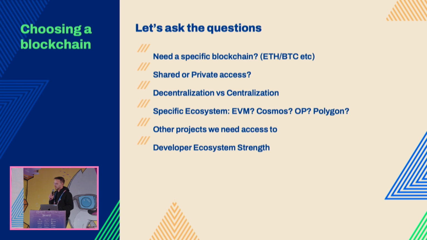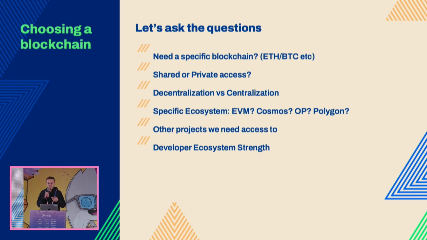Ecosystem. Ecosystem is really important. Most of the products or most of the companies actually decide which ecosystem they will choose before they actually choose the network or the blockchain. And it's driven mostly by three questions. If you are looking for a specific feature that is provided by a specific ecosystem, you are locked to that ecosystem, right?